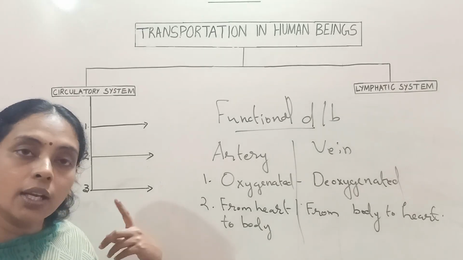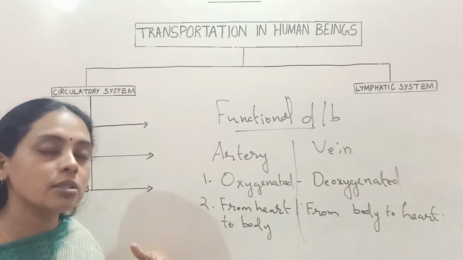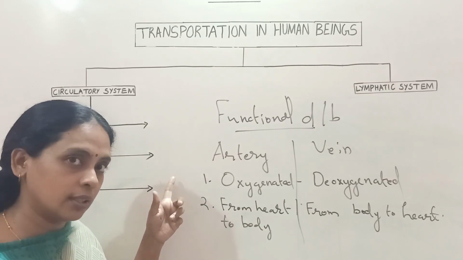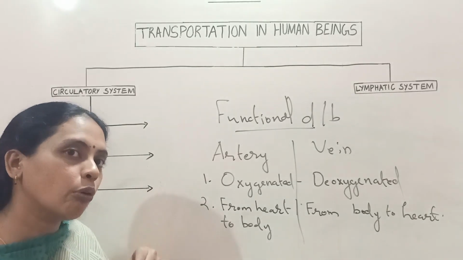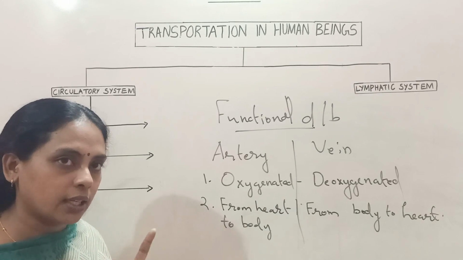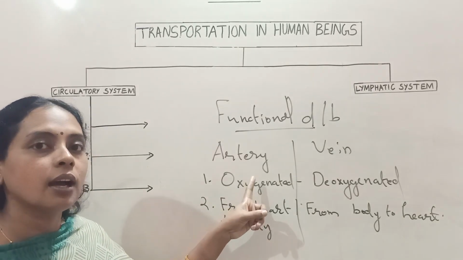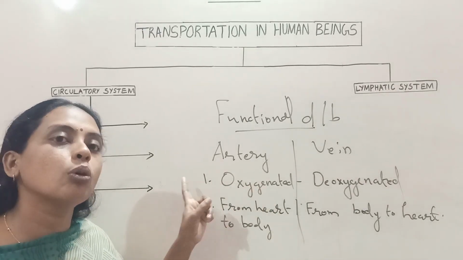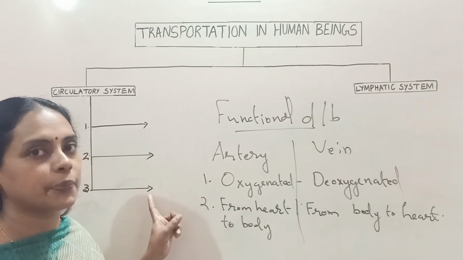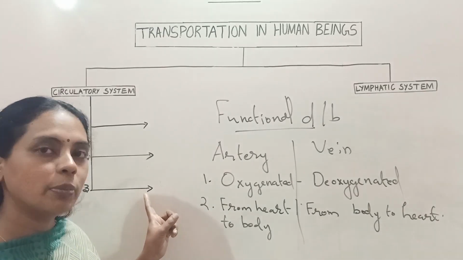Whereas vein collects blood from body parts and carries it towards the heart, so there is a chance of backflow of blood. To prevent backflow of blood, valves are fixed in the vein, but there are no valves present in artery. I hope it's very clear.